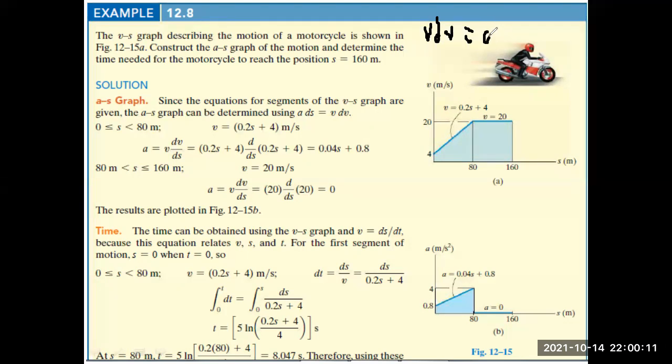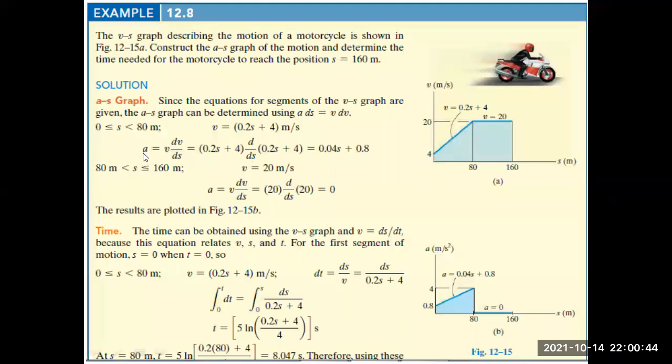This is the relationship between V and A when they are a function of S. Right? This is the relationship, okay? So if I have velocity as a function of S, how am I going to get A out of the relationship I just wrote?